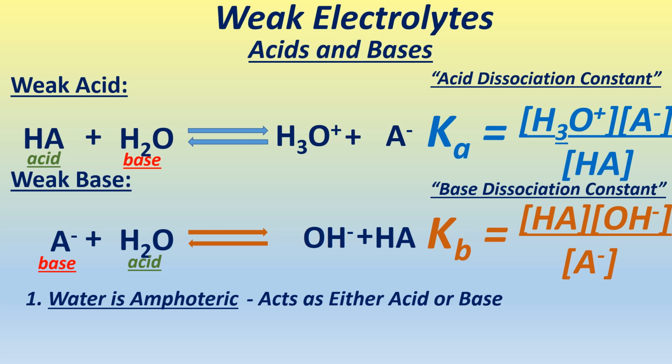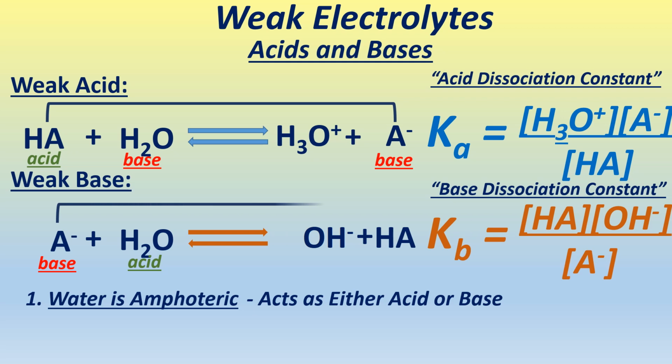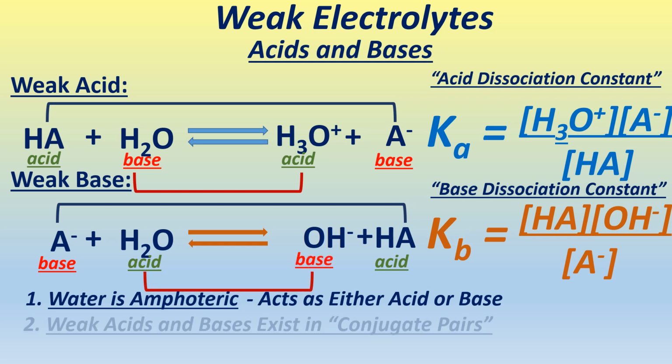Second thing to notice, HA, the acid on the left, turns into A-, the base on the right. A- turns into HA, the acid. When water is a base, it turns into H3O+, which is an acid. Or when H2O is acting as an acid, it turns into OH- as a base.